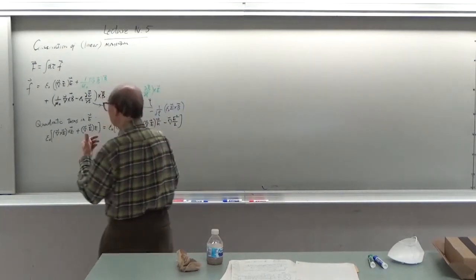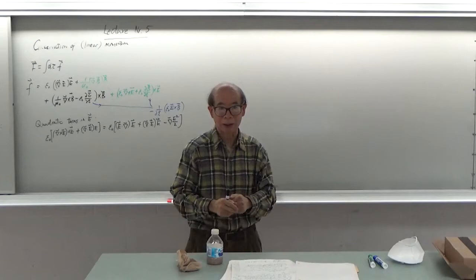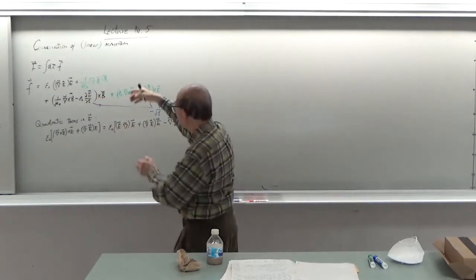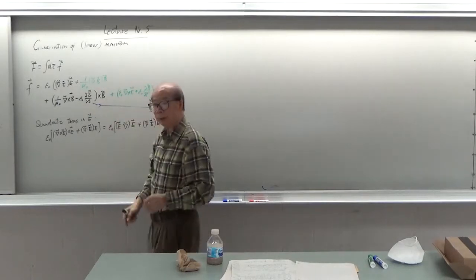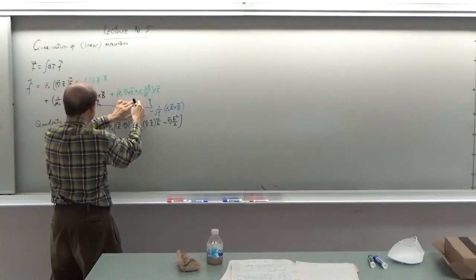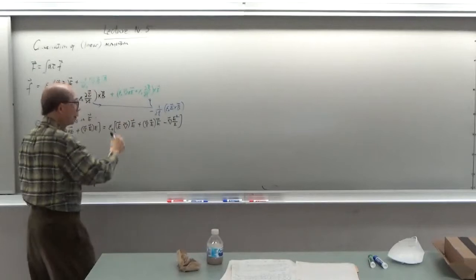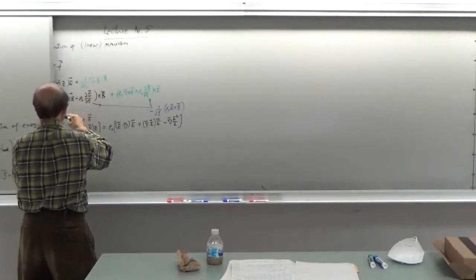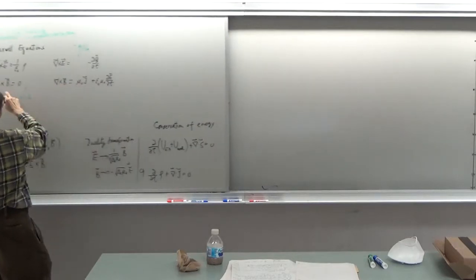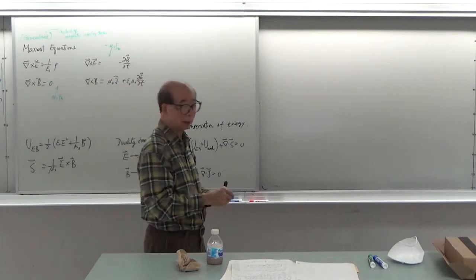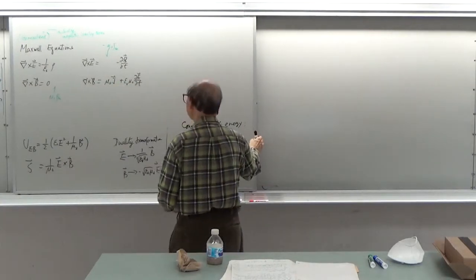For people who did not start with the general Maxwell's equations, the green terms are not there. But then they would want to put a 0 here to go along with this, and another 0 here to go along with this. The way they figure out that this term is 0 is that the divergence of B, of course, is 0 without the magnetic charge density.